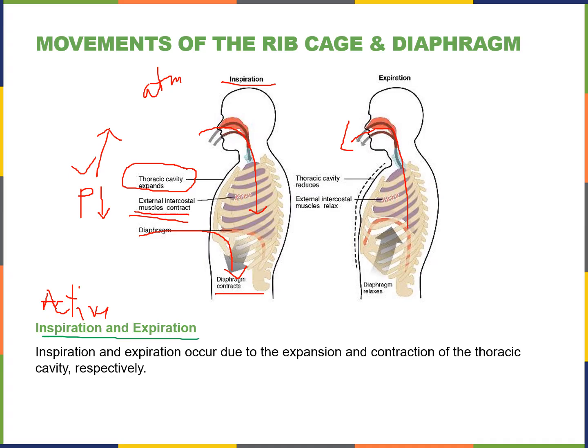So the slight high pressure means that the diaphragm starts to relax and go back to its dome shape. And the external intercostal muscles start to relax, and the rib cage comes down and comes inwards. So from the dotted line to this shape here. And that would be expiration.